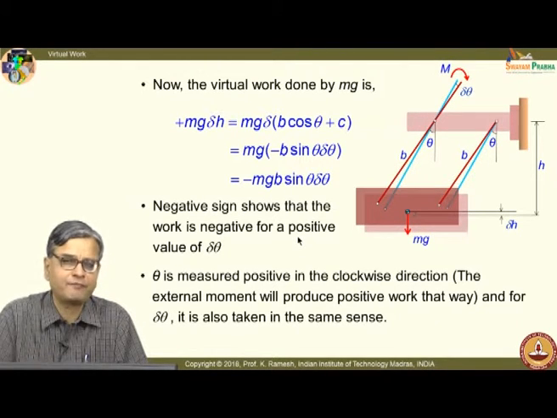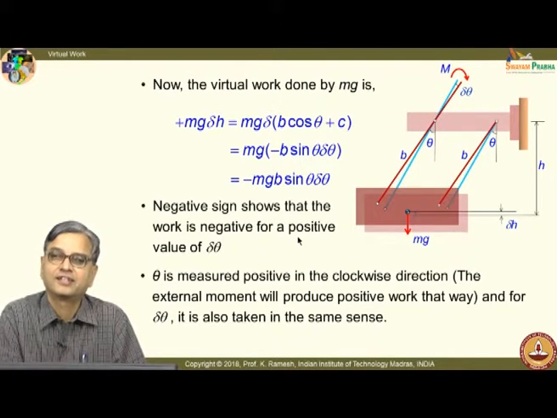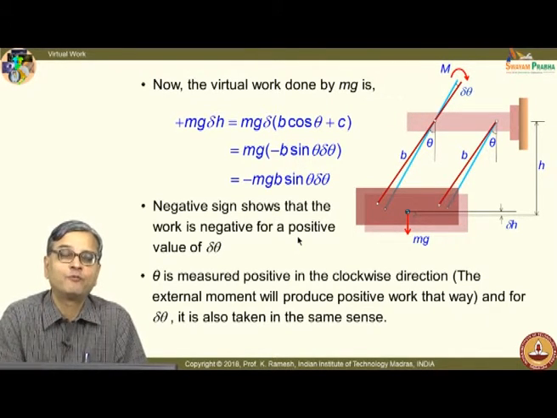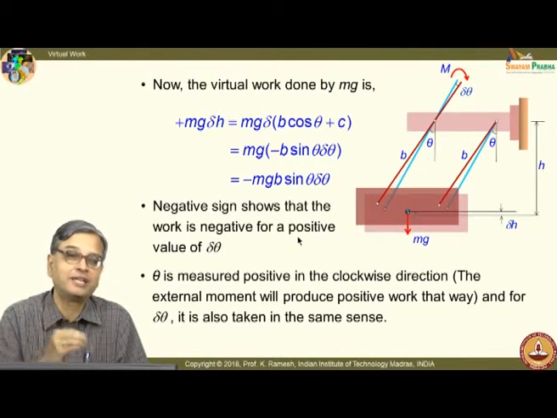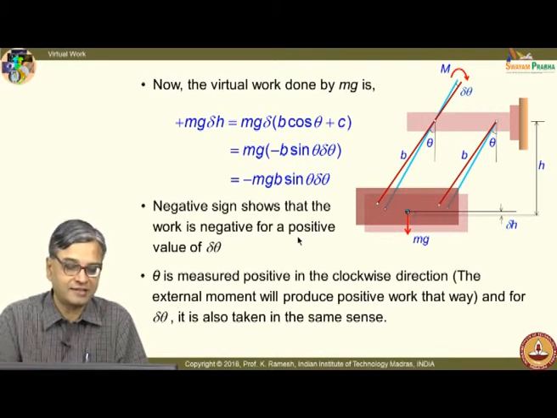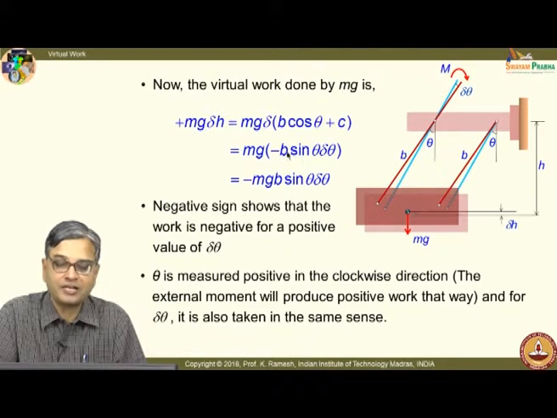And books have a lot of confusion in this chapter. From one edition to another edition, the author tries to emphasize different aspects, and people look at the virtual displacement individually, whether it is positive or negative. Here also we are discussing that. When I have a positive value of delta theta, I have a negative value for this. They are oppositely related is what it shows.